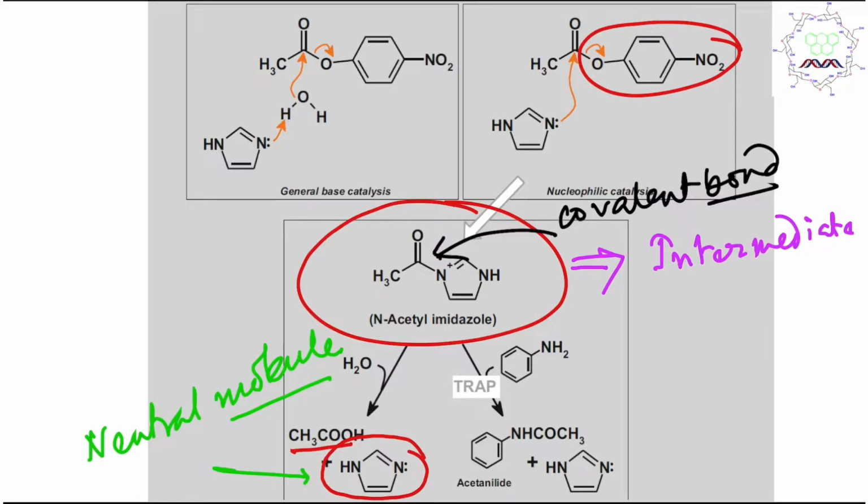Now this intermediate could be trapped. How? By using aniline. And how does this happen? This aniline attacks this carbonyl carbon instead of water. After that, it opens up and consequently it leaves. With a similar mechanism, it produces the neutral molecule, that is imidazole, and another molecule, that is acetanilide. So that is the proof of this mechanism.